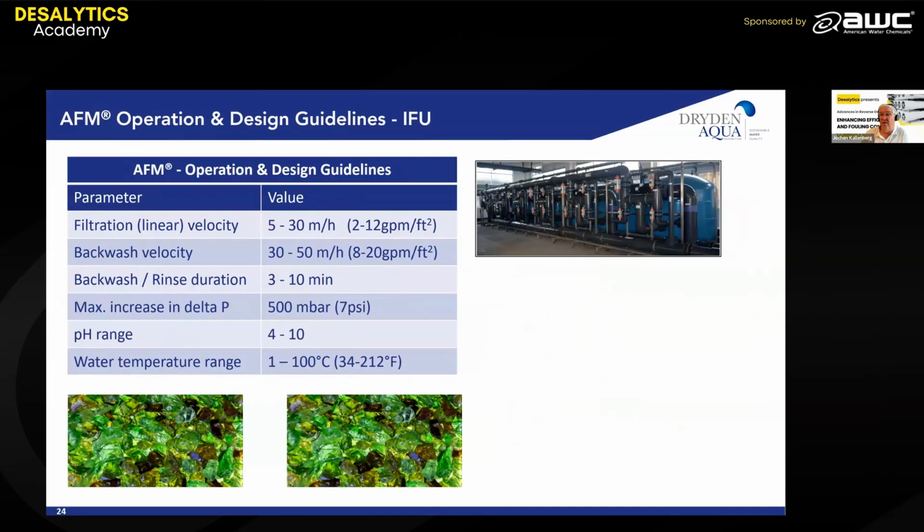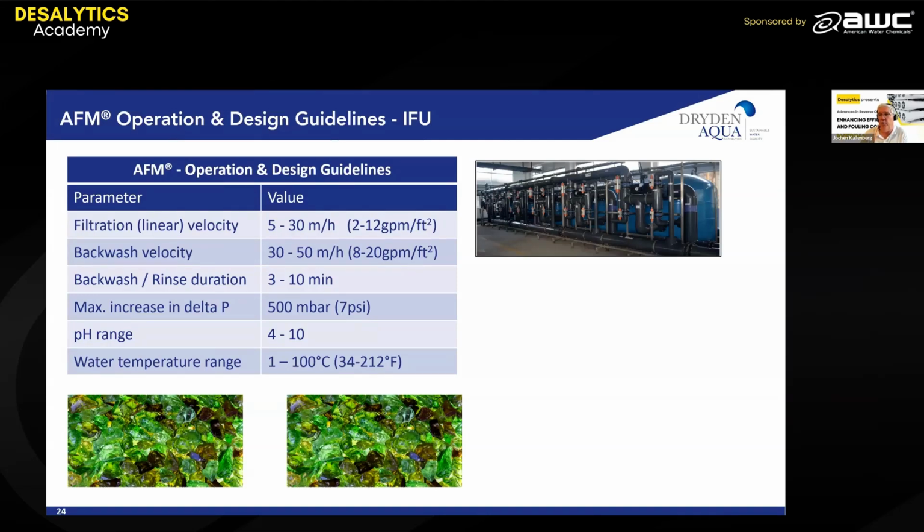Typical operating conditions for media filters, but we can actually run at higher filtration velocities. We can run up to 30 meters per hour filtration velocity. Backwash, we typically run at 30 to 50 meters per hour because we have a shorter backwash time, which saves water and energy. We are typically around 3 to 5 minutes, maybe 10 minutes is a little bit long.